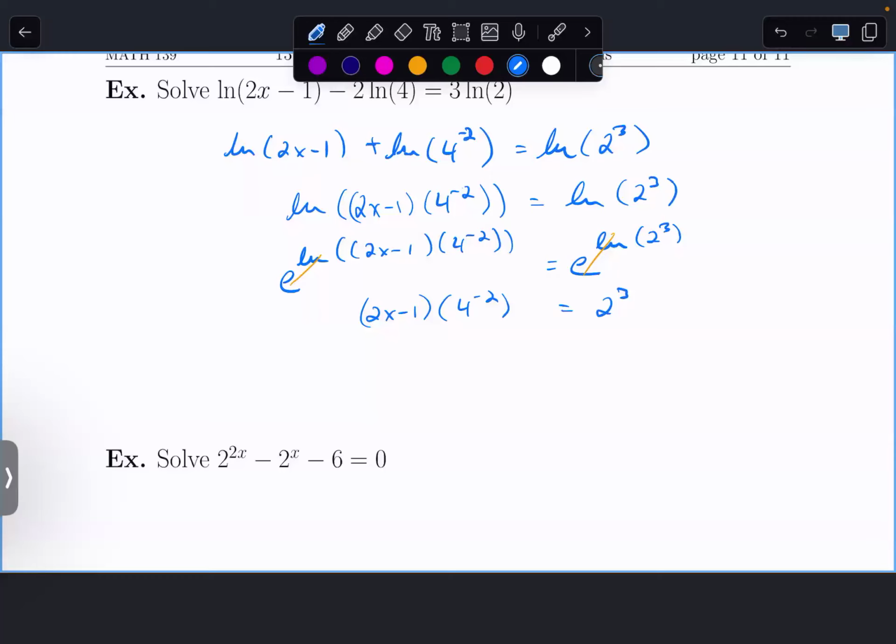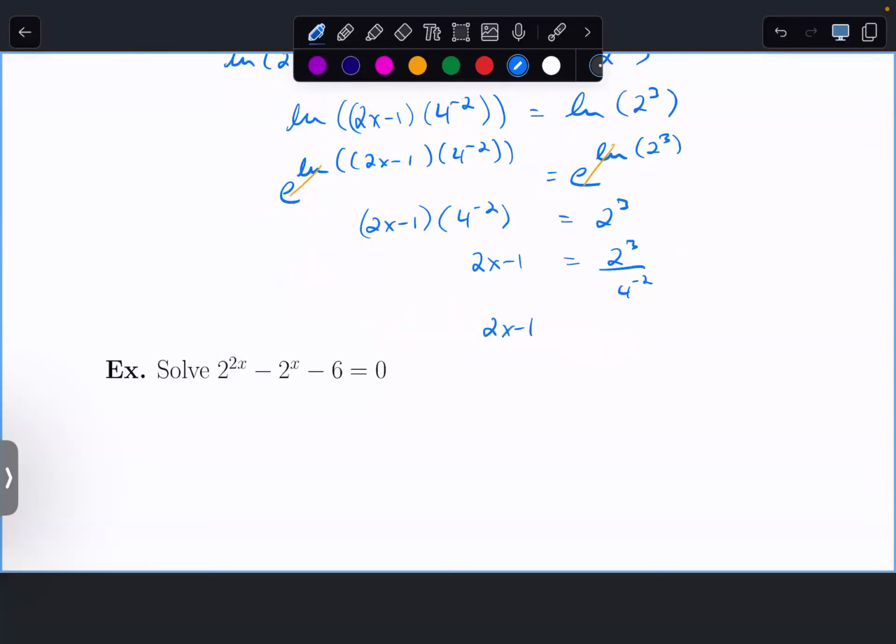I haven't simplified 4 to the negative 2 or 2 to the power of 3, just for some extra practice with exponent laws. Because now, even though you're totally allowed to if you want, divided by 4 to the negative 2. But 4 to the negative 2, I can rewrite in the numerator as 4 to the power of negative 2.